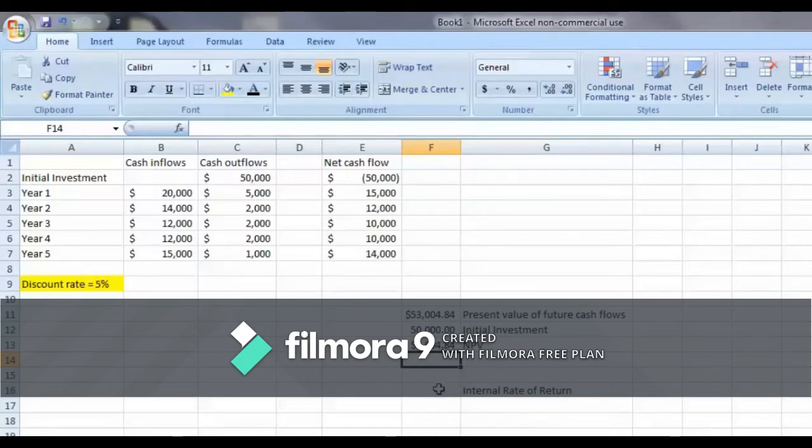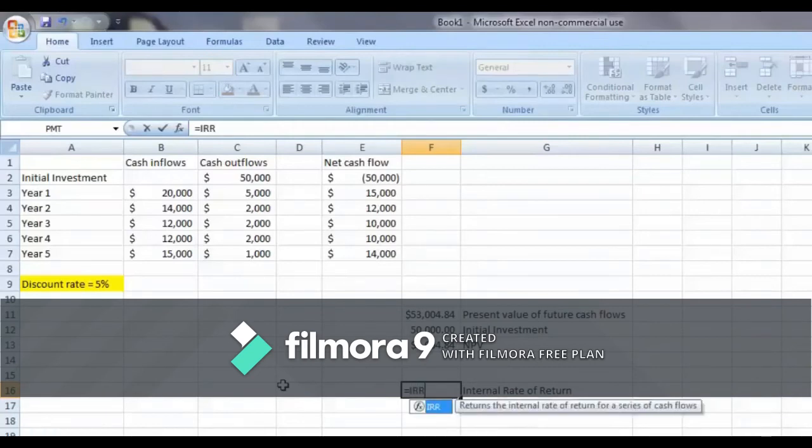Next, we'll find the internal rate of return of the project. Again, click in a free cell, type an equal sign, and then the letters IRR for internal rate of return. And our values parameter in this case is going to be all of our cash flows, including our initial investment.